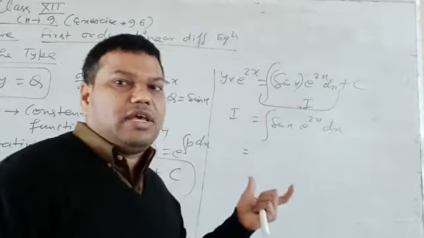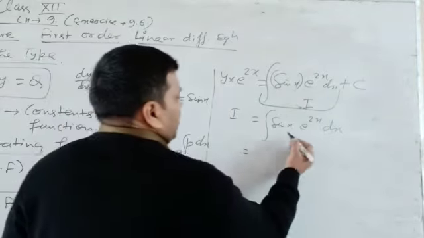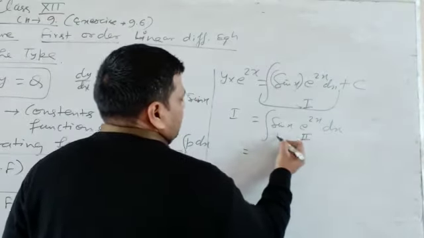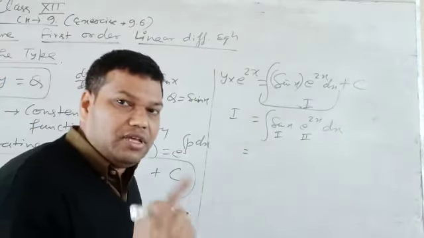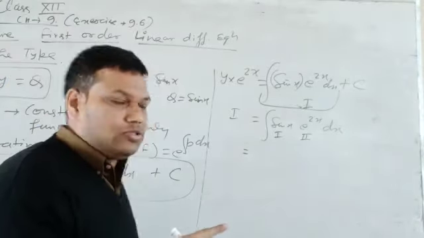You can integrate it yourself also, but this is the second and this is the first function, so I am going to do it with the help of the by parts rule. You have sin x, the first part, as it is, minus the integral of e to the power 2x upon 2 times cos x, the differentiation of sin x.